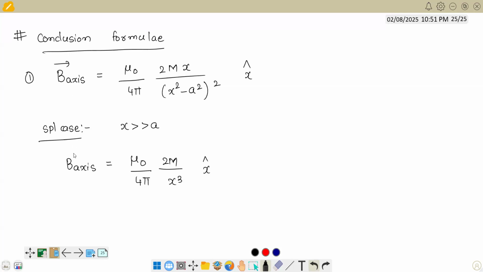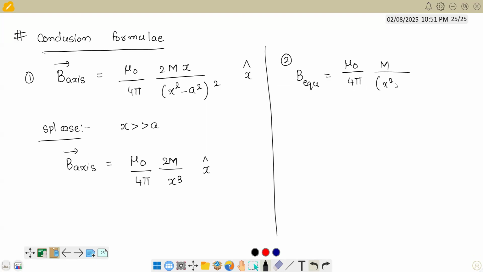The second one, the magnetic field at equatorial point, would be mu naught by 4 pi into m by (x square plus a square) whole power 3 by 2.